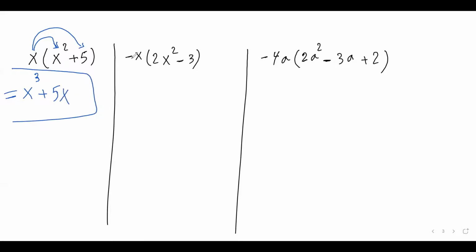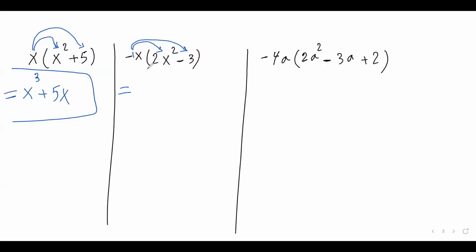How about this one? Negative x bracket 2x squared minus 3. So we have to distribute this negative x into the bracket. So I have to multiply this negative x into the first term and then multiply it by the second term as well. So this equals negative x times 2x squared. Negative x is just negative 1x.